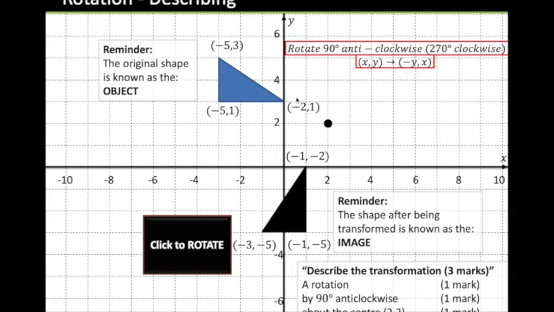So this point changes to (-1, -2), right? So by choosing that center of rotation, we can see that if you imagine this line here, the angle between these two lines is 90 degrees.